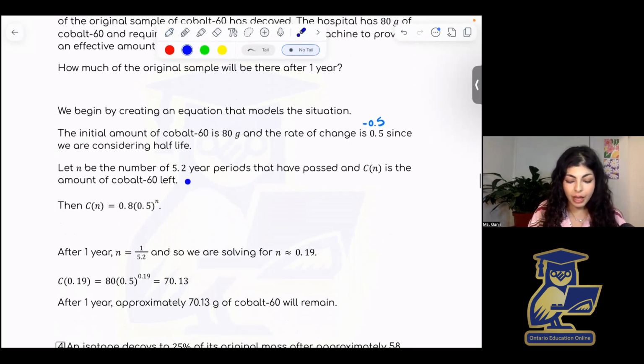So n, our time period, has to be interpreted in the context of the 5.2 years. The time period that the rate of change applies to is every 5.2 years. So we have to consider how many of those 5.2 year periods have passed. And of course, after 1 year, the 5.2 year period has not passed completely.